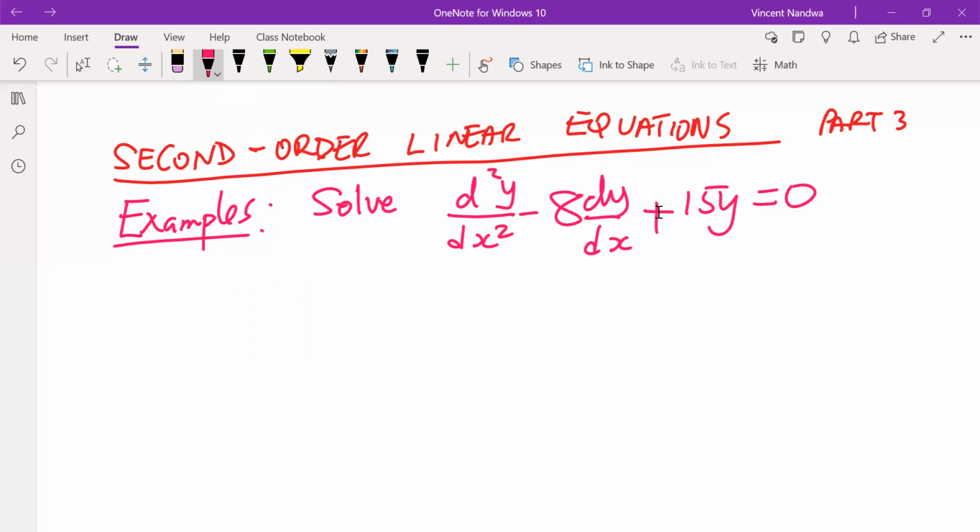So solve this differential equation. Solution.